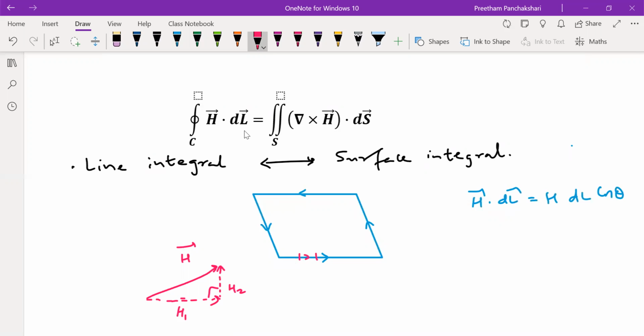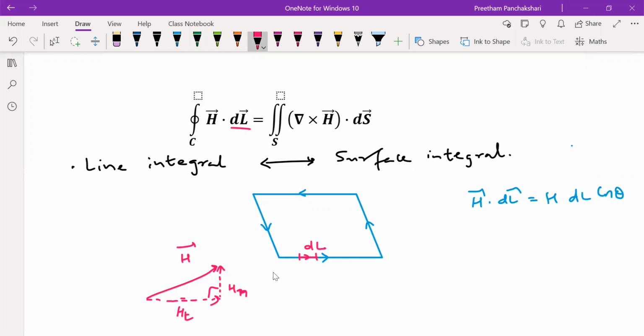And on this path, I'm going to choose a differential length dl, which is oriented in the direction of the path itself. Then this dl is parallel with H1. So I can call this H1 as Ht, tangential component or parallel component with dl, whereas H2 can be labeled as Hn, which is perpendicular to this dl, normal component.